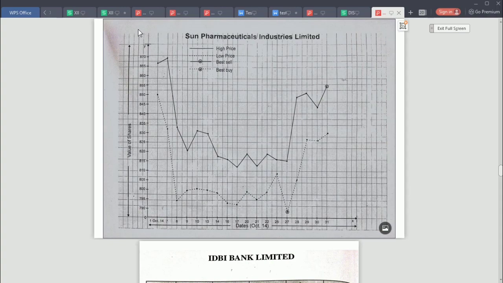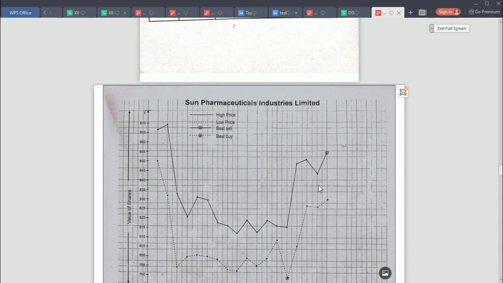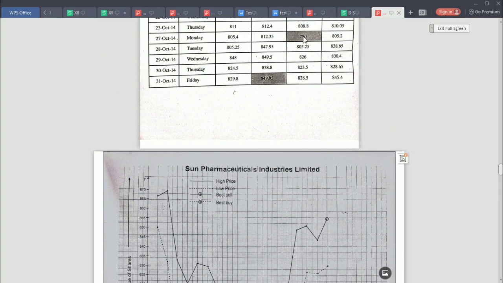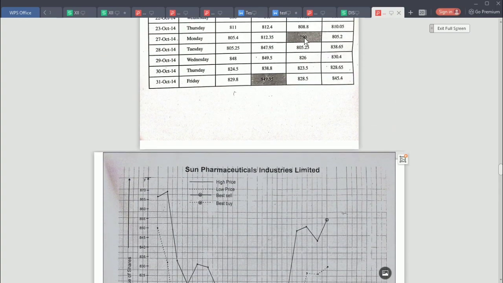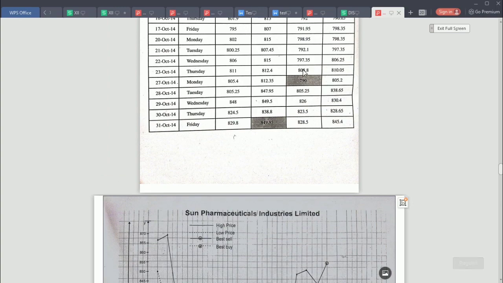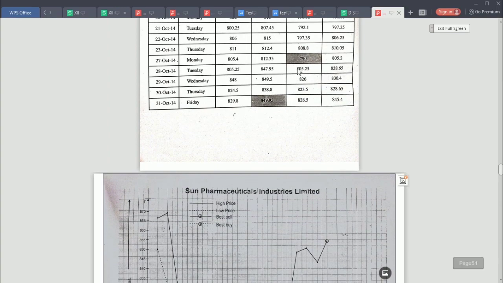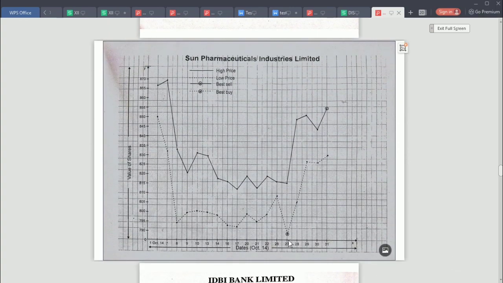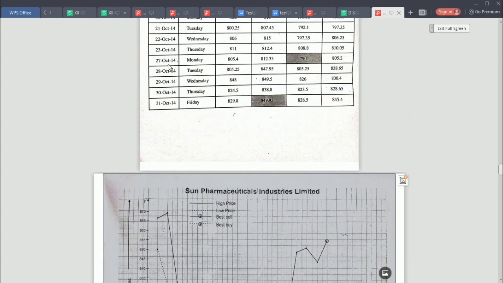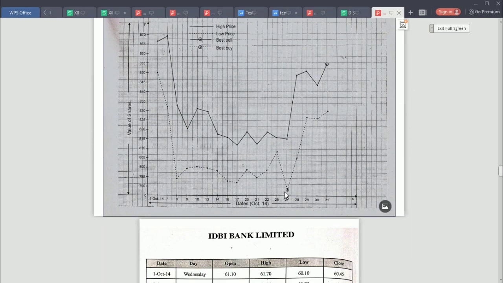After matching these dots, now we have to cross check what our highest and lowest prices were. The lowest price was 790. We need to mark this in the low rate graph, 790 rupees, which was on 27th of October.